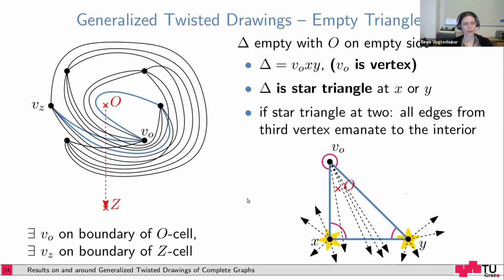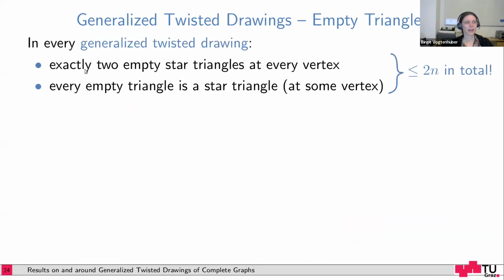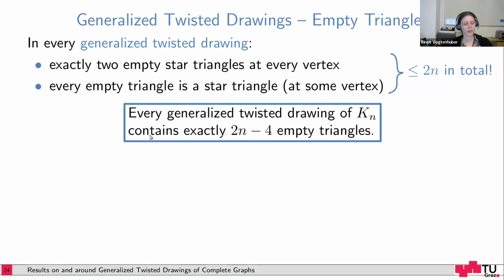So those two things together already imply that we have at most 2n triangles in total in any generalized twisted drawing of the complete graph. And then we could actually not only show that they contain at least 2n minus 4 empty triangles, but that they contain exactly 2n minus 4 empty triangles.